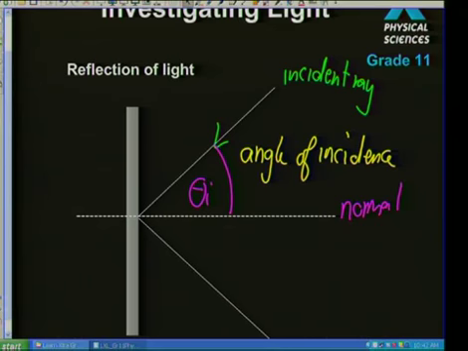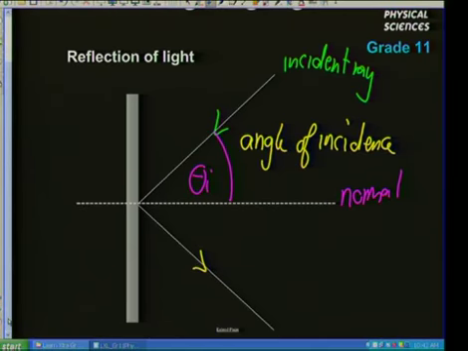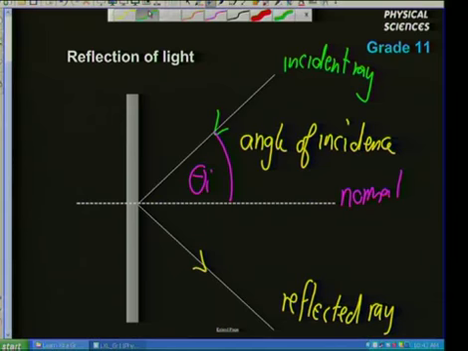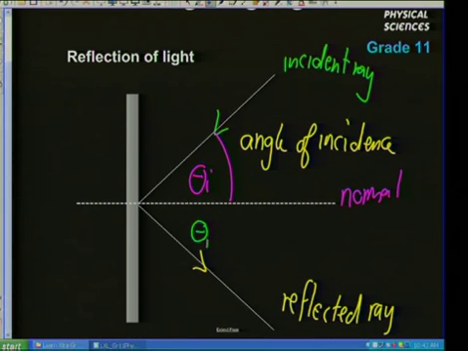When you do these drawings for tasks, you would need to use a protractor and a ruler. So be very clear about that. This beam of light is the reflected ray. And the angle between the normal and the reflected ray is known as the angle of reflection.